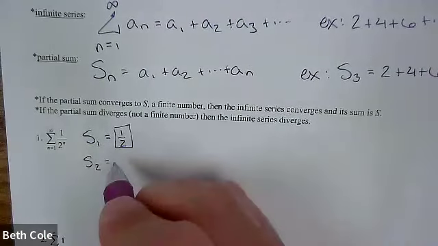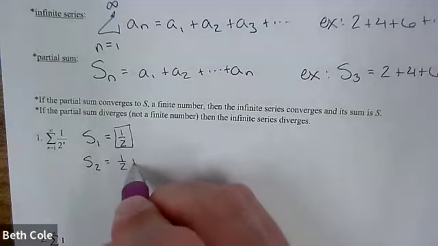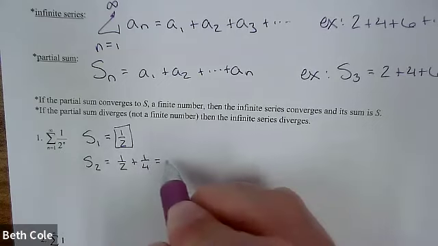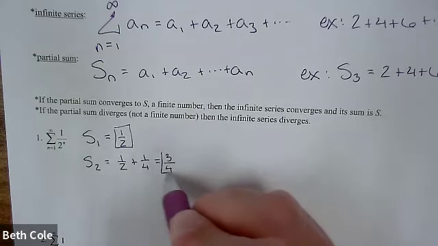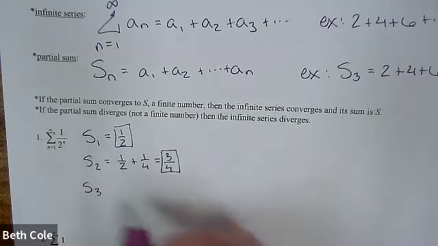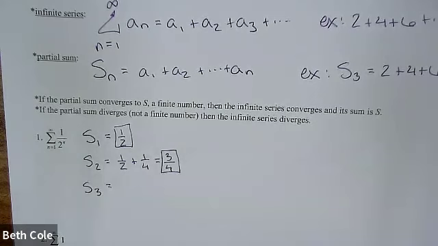All right, so if we do the first 2 terms, that's going to be 1/2, which is what we just found, plus, and then what do you get if you plug in 2? 1/4, which would be 3/4. And we're going to do one more, and then we'll try and figure out the pattern.